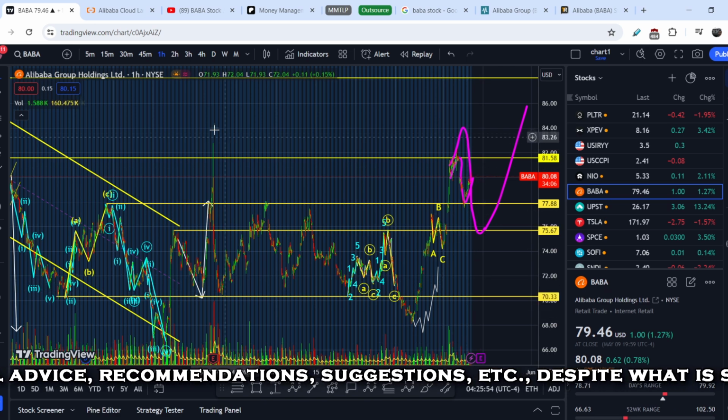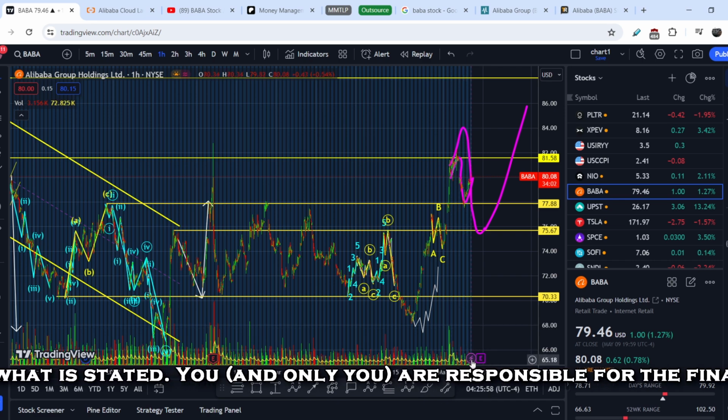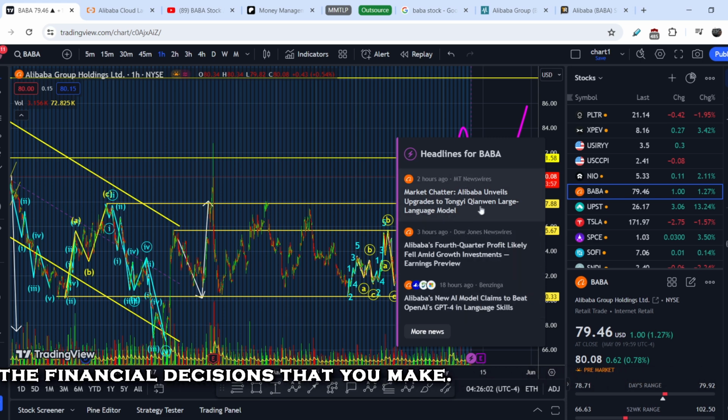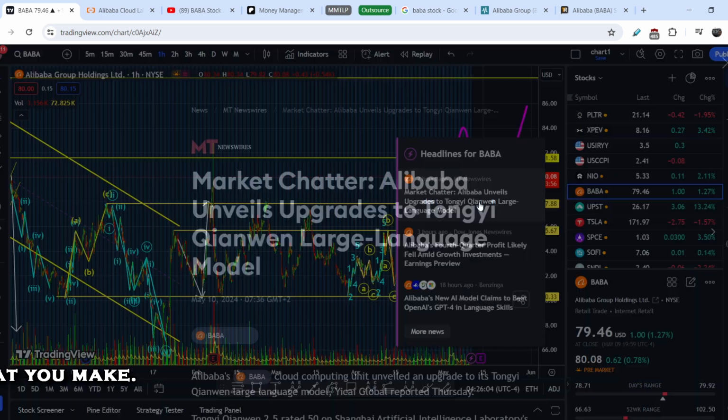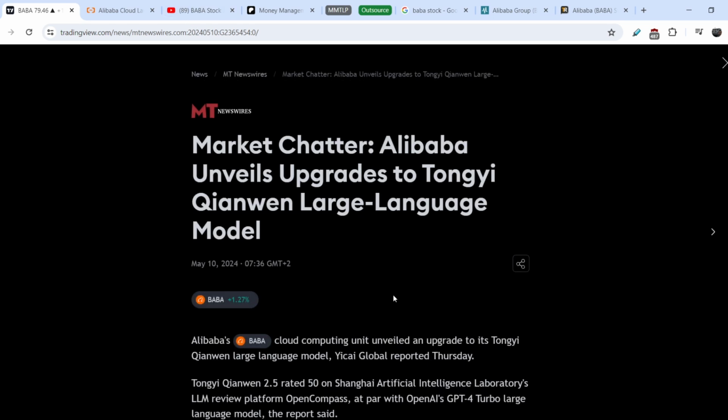And let me show you some details in regards to Alibaba. If you click on this tiny round icon, you can see that we have a couple of recent news directly related to Alibaba. One of them is this one. Alibaba unveils upgrades to Tianji Kanban large language model. And this news is related to their cloud computing unit.